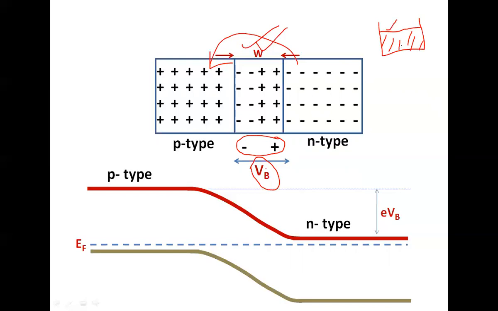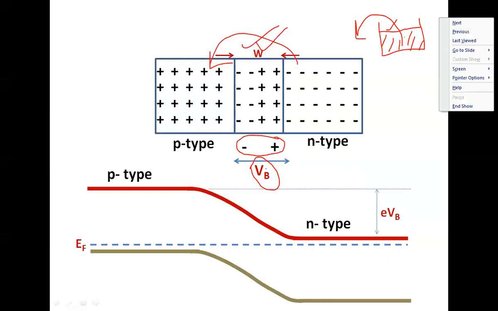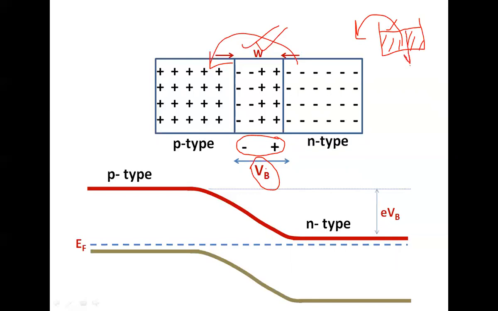If you are removing electrons by diffusion and transferring them from n region to p region, then in the n region the position of the Fermi energy level will come down. On the other hand, when you are increasing electrons towards the p region, the Fermi energy level will come up.